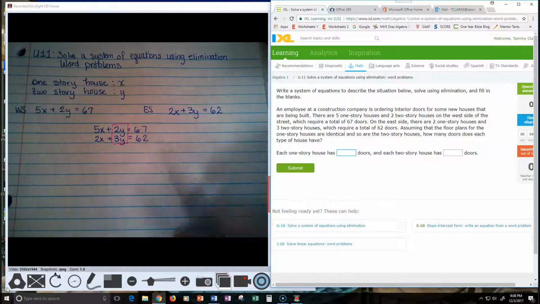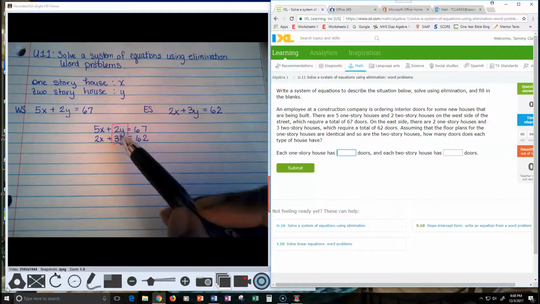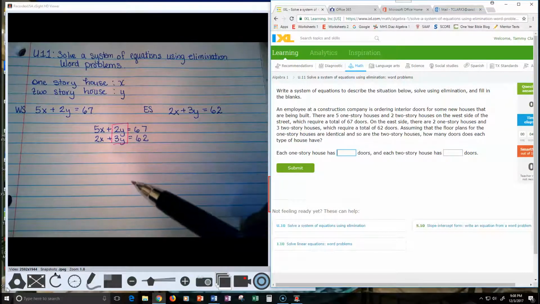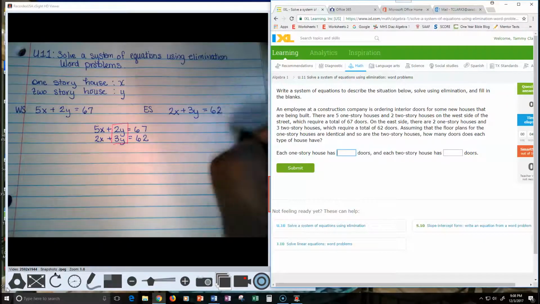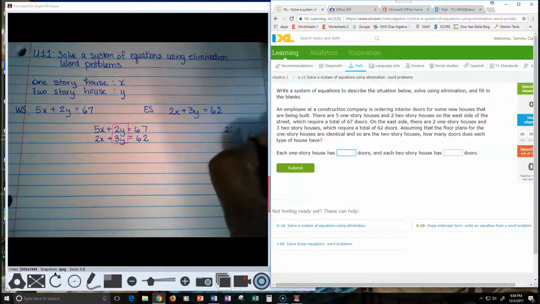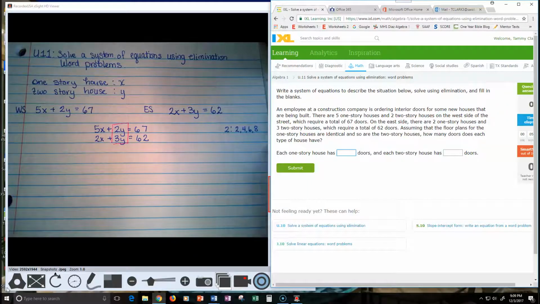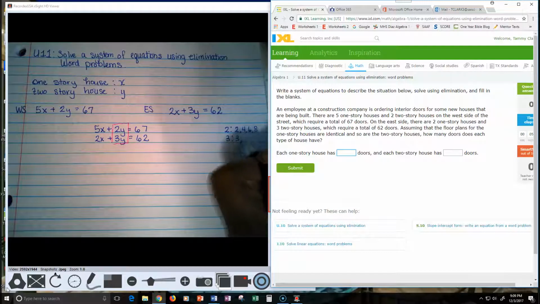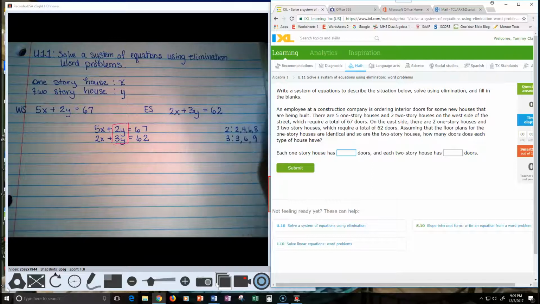And I'm thinking to myself, how can I get the same coefficient? Well, think multiples. If I do multiples of 2, I get 2, 4, 6, 8, 10, and so on. If I do multiples of 3, that's 3, 6, 9. Notice the 6's match.